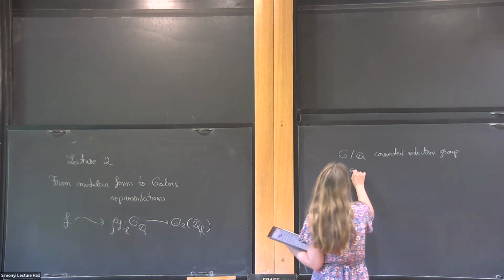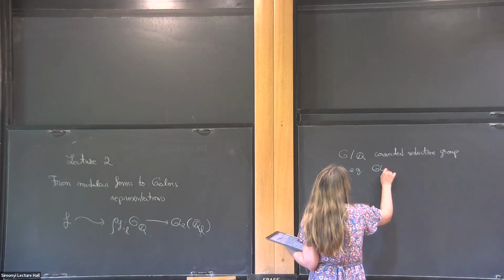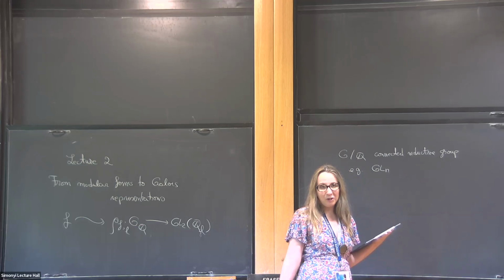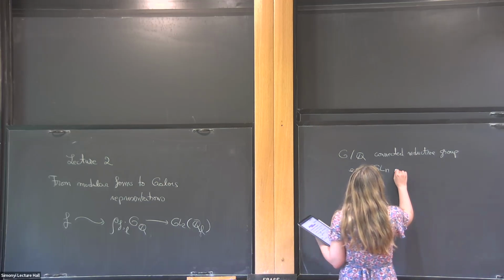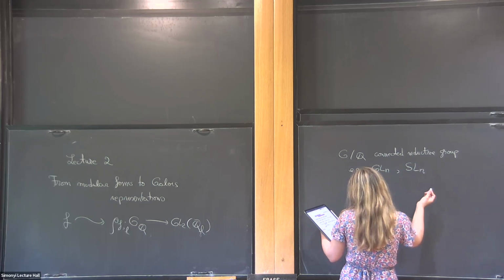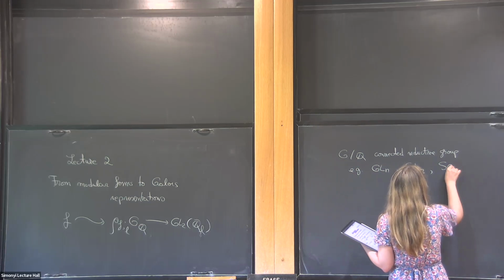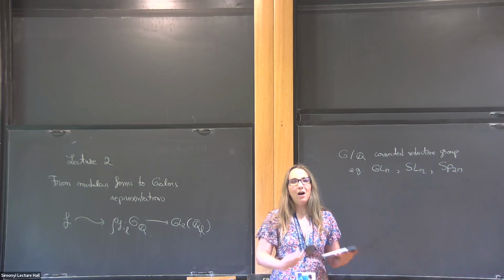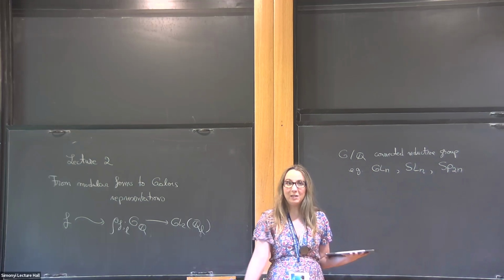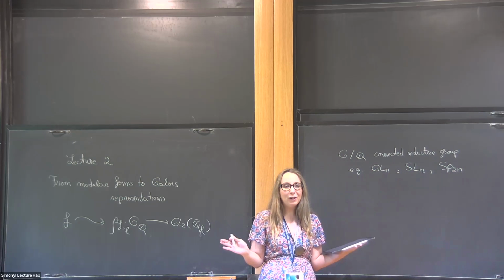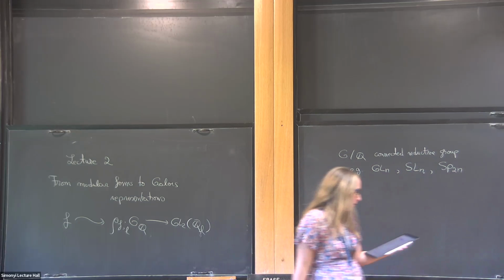For example, you could take GL_n, or even GL_2, or SL_2. Those are groups that showed up a lot yesterday. So GL_n or SL_n, or say a symplectic group, which is matrices that preserve a particular form, like a symplectic form. But again, you could just take your favorite example, or you can think more generally.